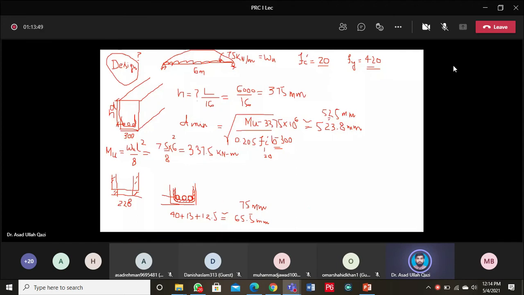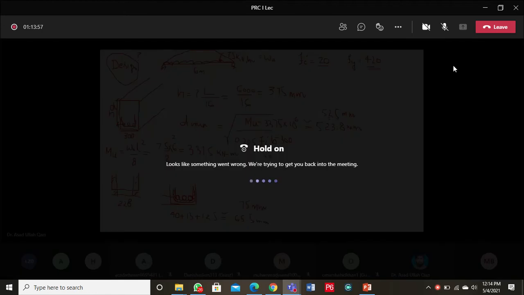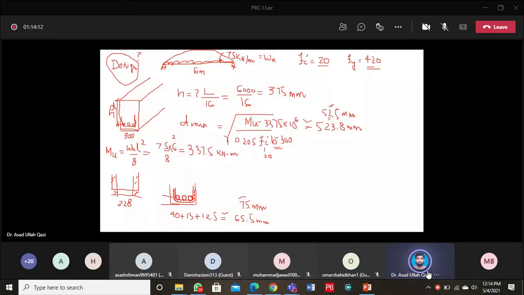cover of side. I am selecting a cover of 75. D minimum I have estimated 525.